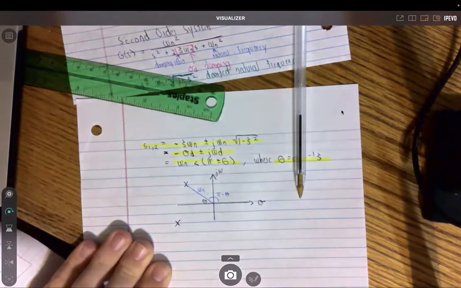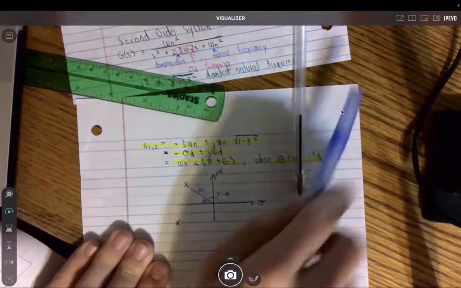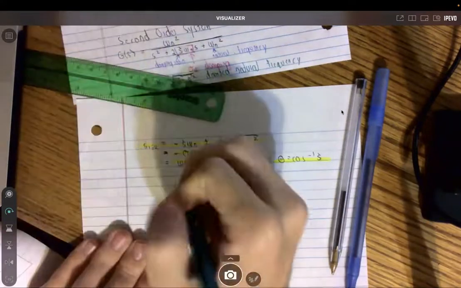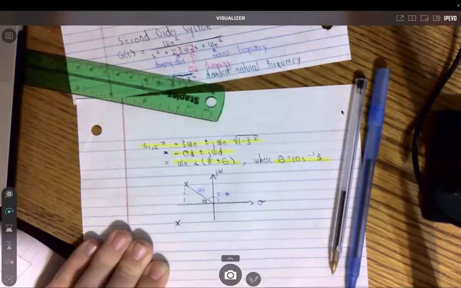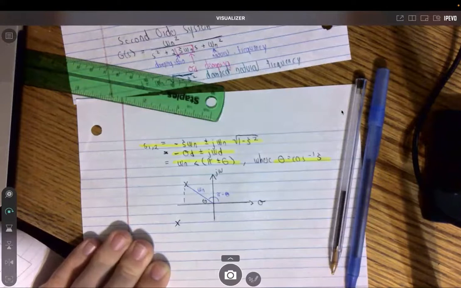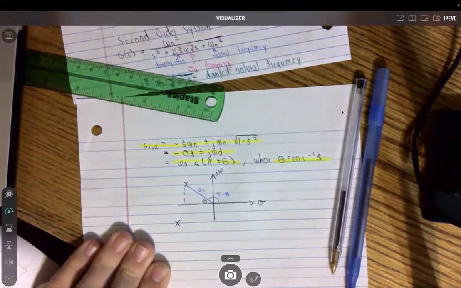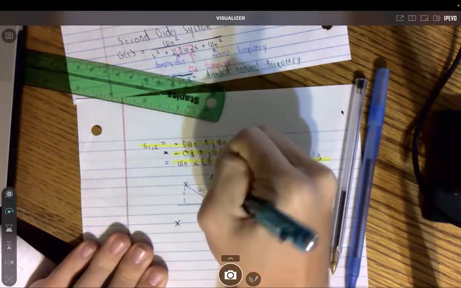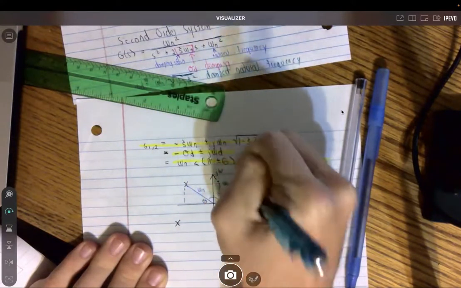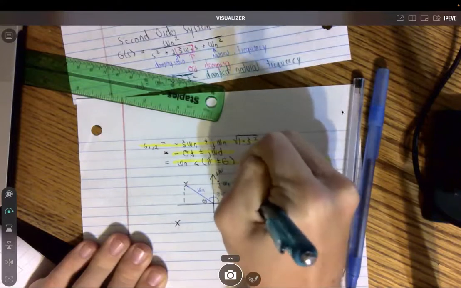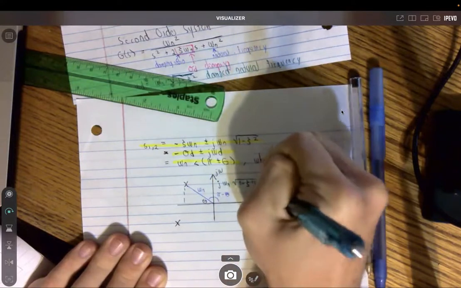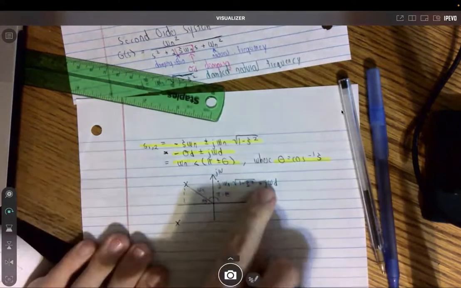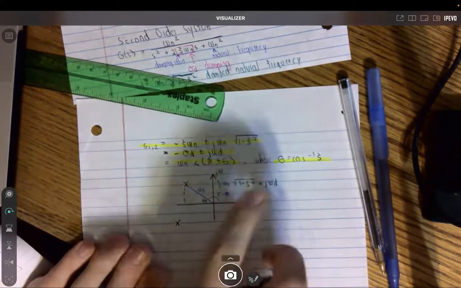Then for your y, the distance from your real axis, this is going to be known as j omega n times the square root of 1 minus zeta squared, or simply j omega d. So you'll see your imaginary axis in terms of j omega d.